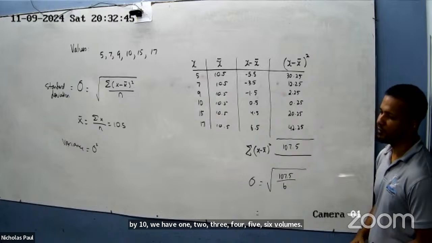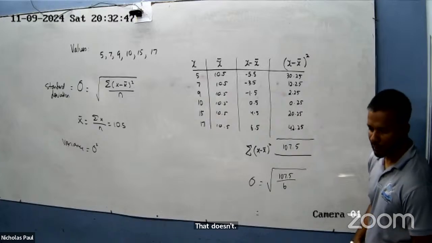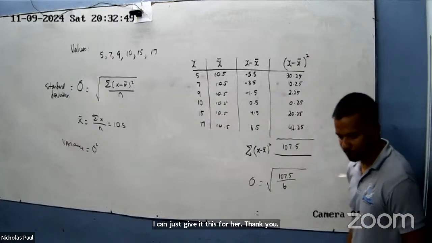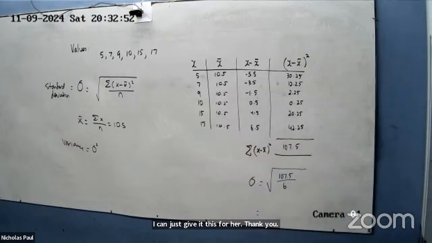I think they just give you this formula in the front of the past paper. You got this value?